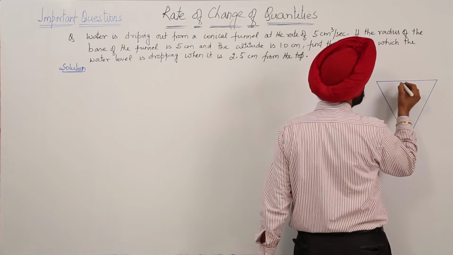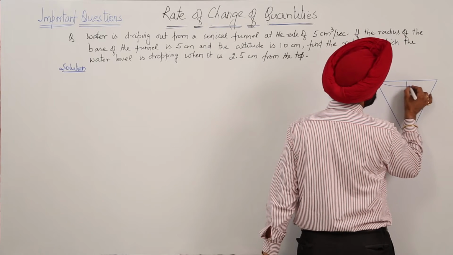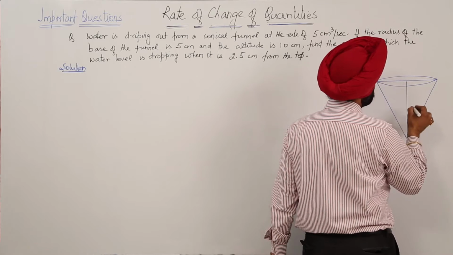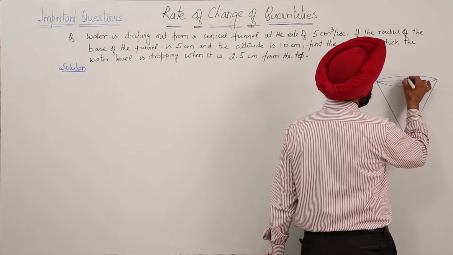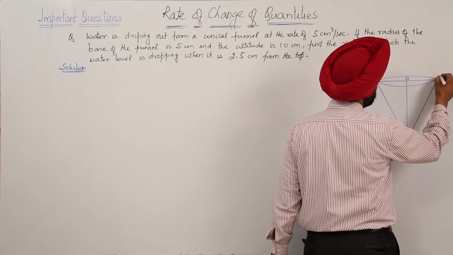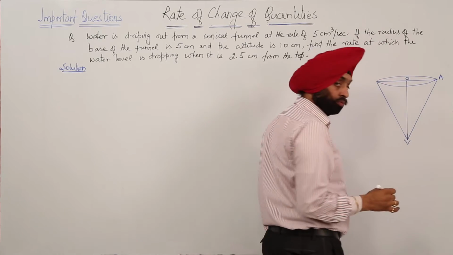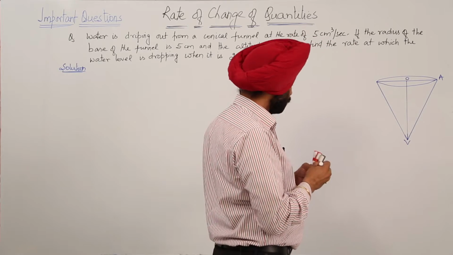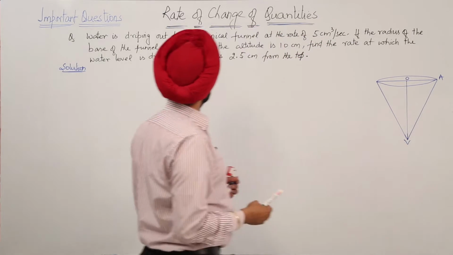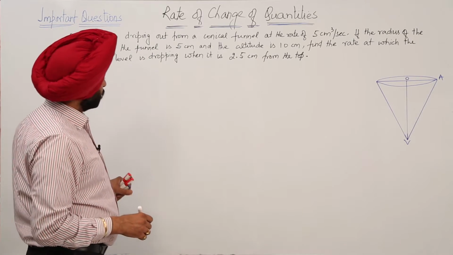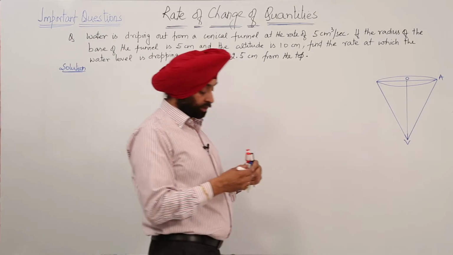Now we are having this as a cone. Now let this be the O, A, and this is the vertex V, from where water is dripping out. Okay, so now it is given that the radius of the base of the funnel is 5 centimeter and the altitude is 10 centimeter.